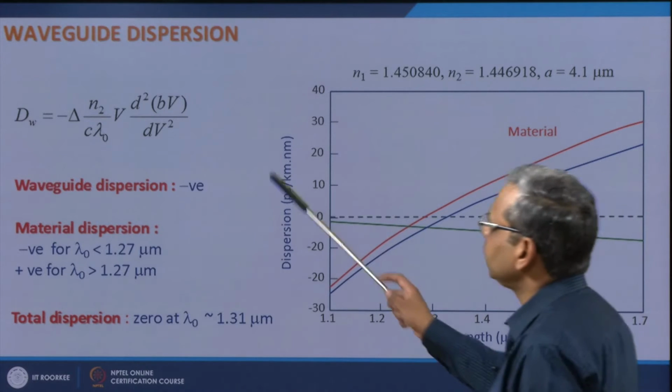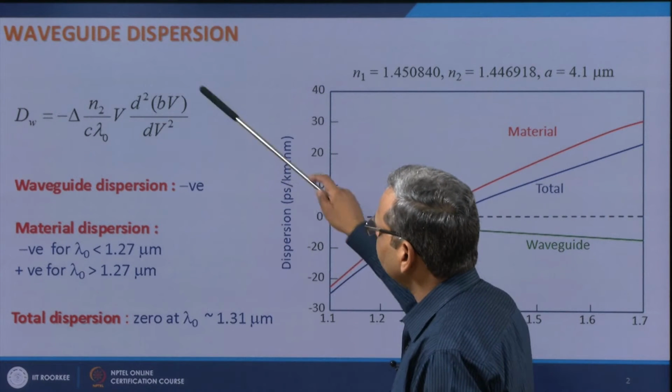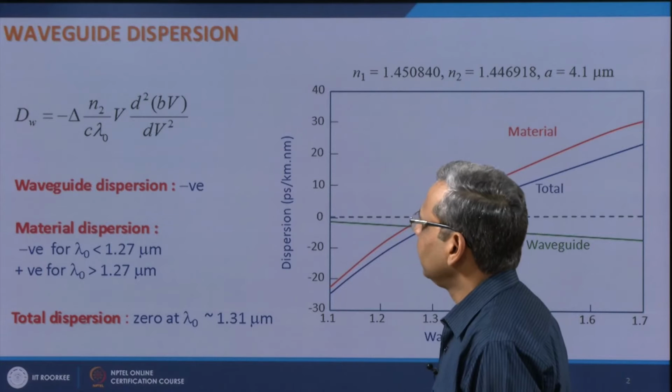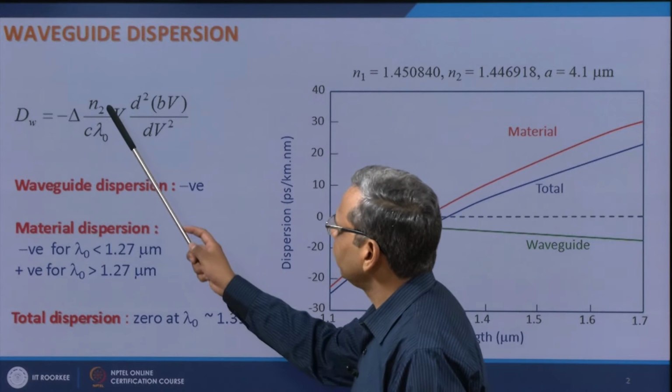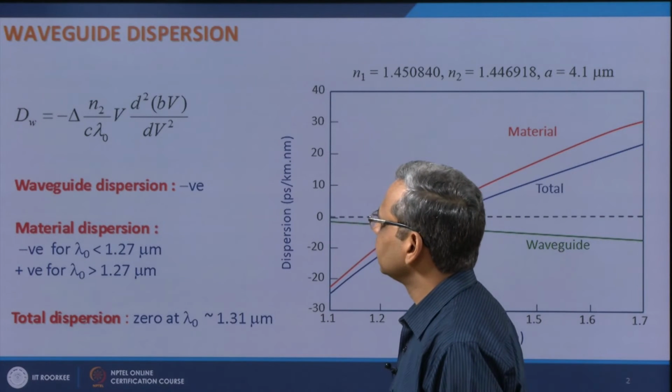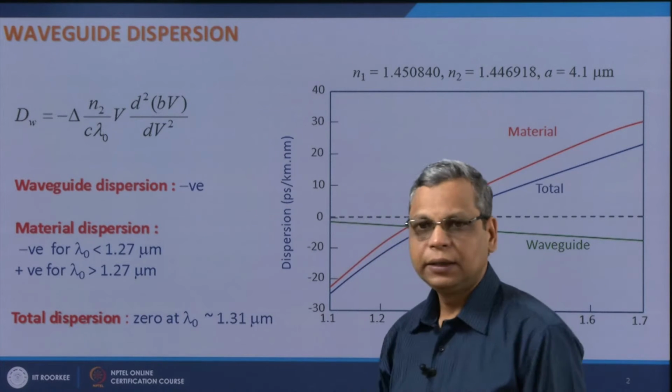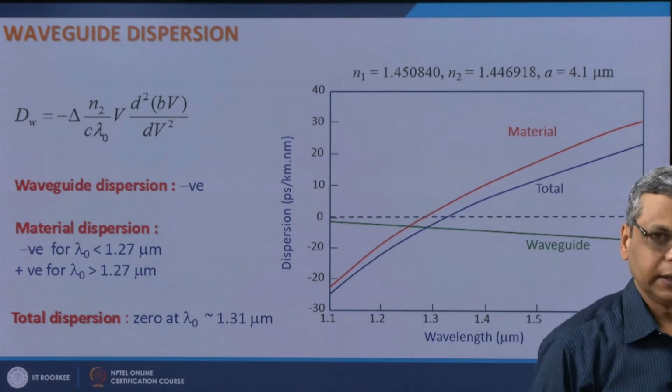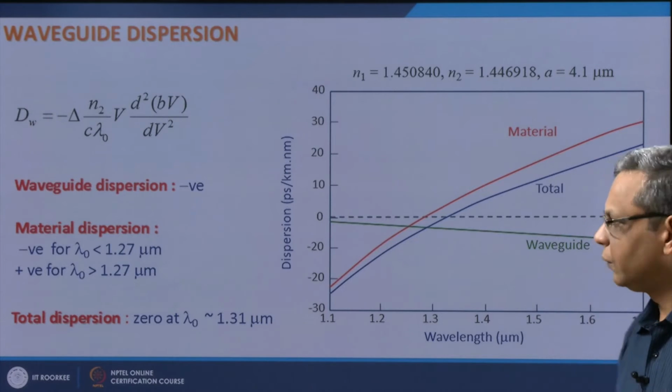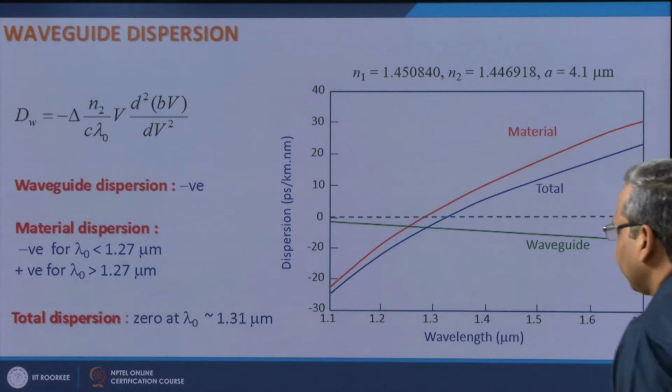Apart from this, which depends on the value of V only, in this expression we also have the cladding refractive index and the value of delta, that is the relative index difference between the core and the cladding.